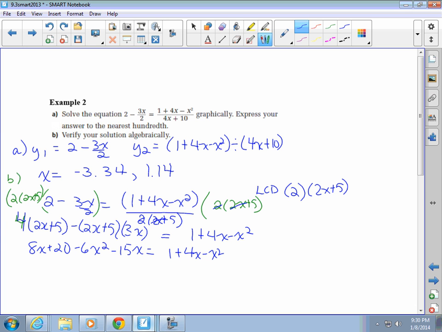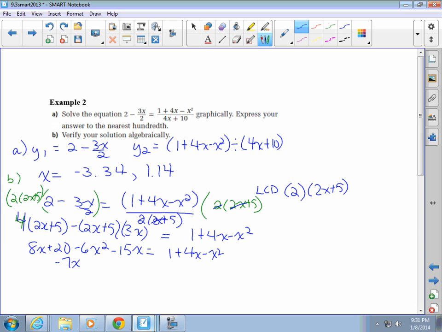Okay, so bring everything over to one side. So on this side, let me simplify here first. I have 8x minus 15x, so that's going to be negative 7x.